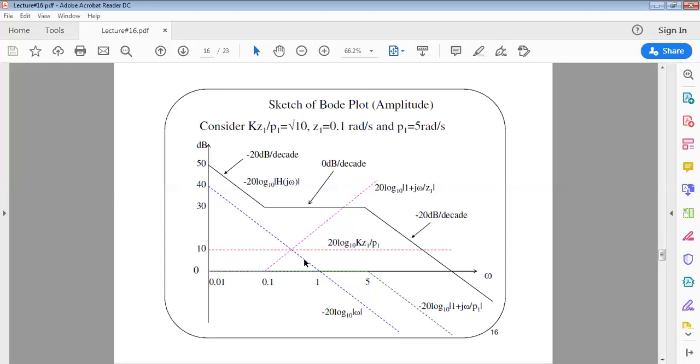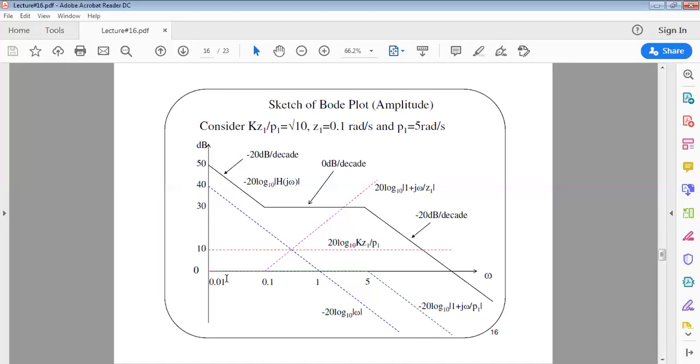The third one is the plot for the pole at origin. As we learned in the previous slide, there should be a slope of negative 20 dB per decade, and the line needs to pass through the frequency of 1. The blue dotted line here is the plot for the pole at the origin, passing through the frequency of 1.